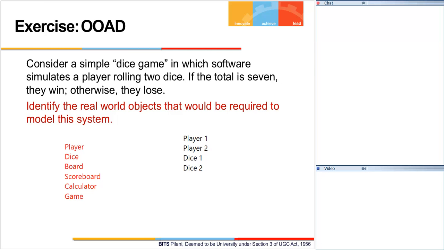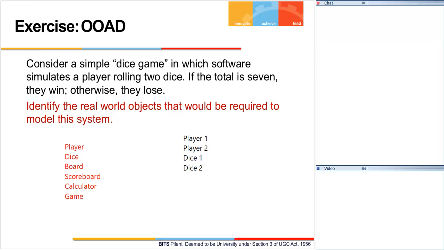Given the case study, given these 3 lines, a board is nowhere to be seen. In this particular case, effectively, there are only 2 real world objects: there is a dice and there is a player, right?